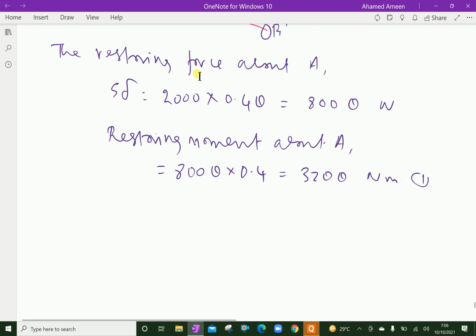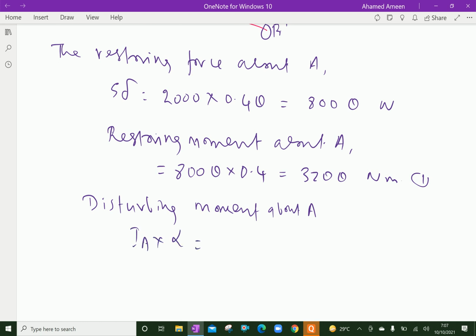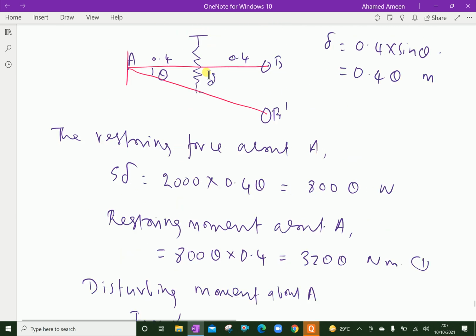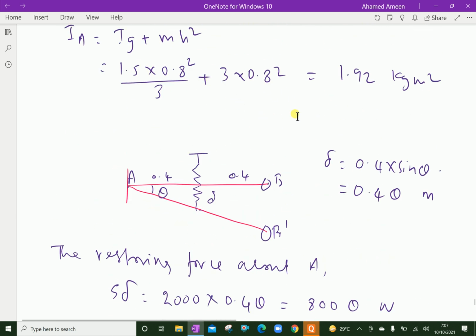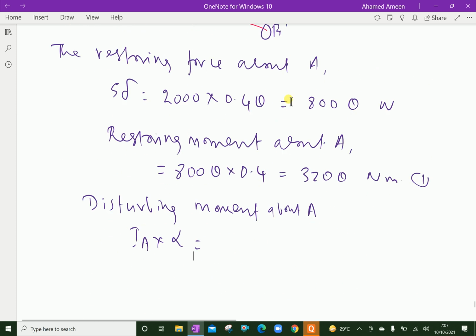Next is the disturbing moment about A, which is IA into alpha.